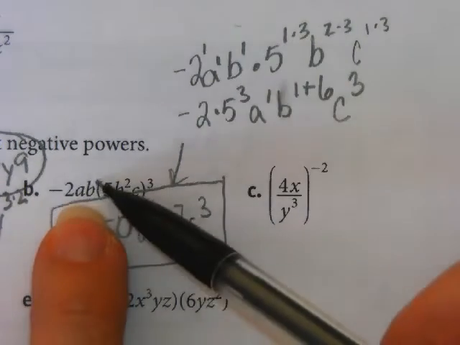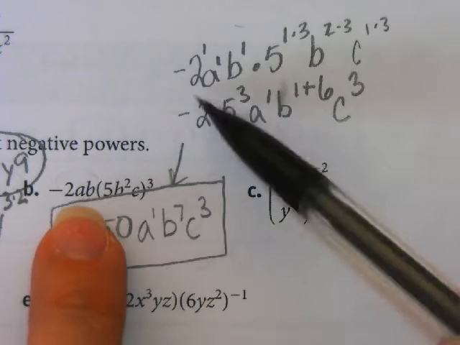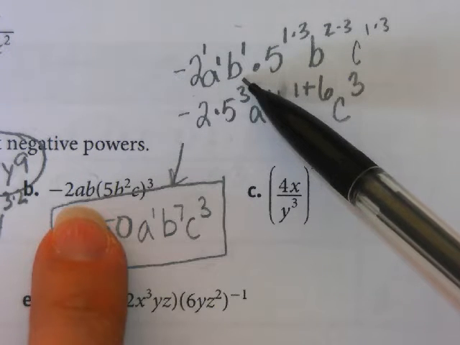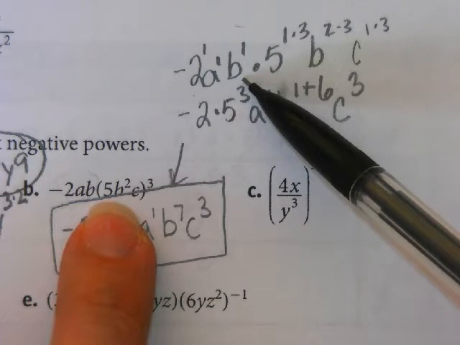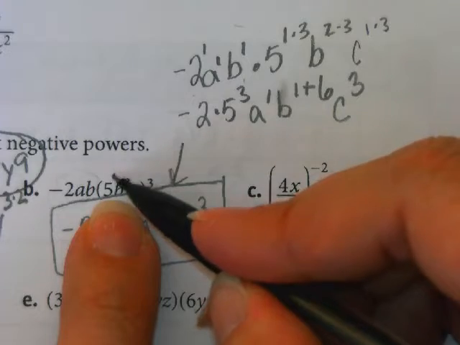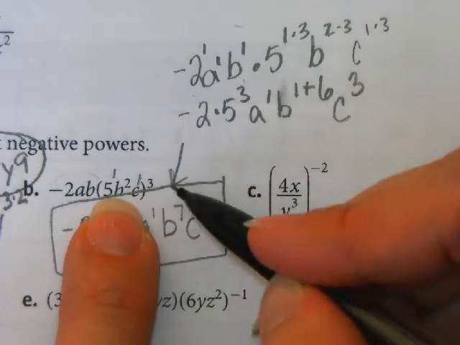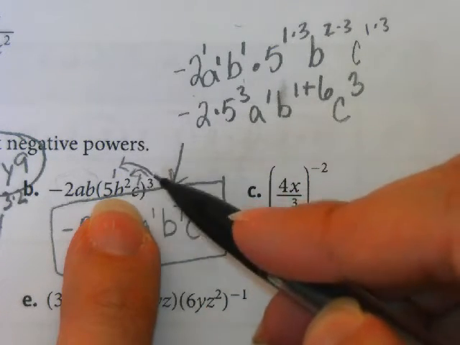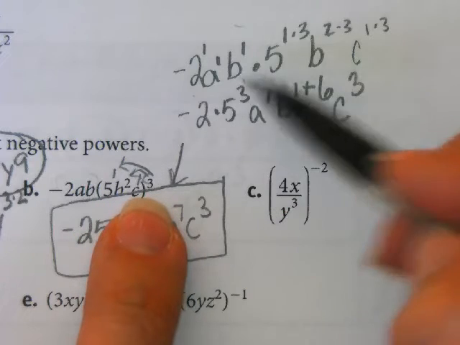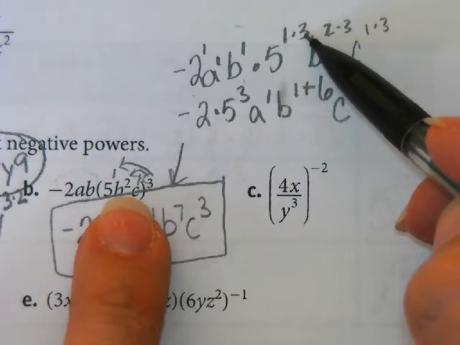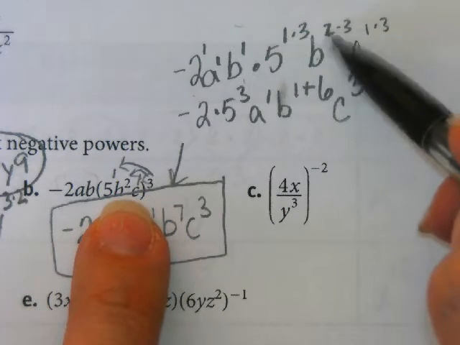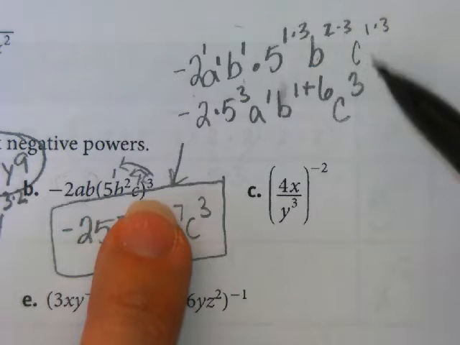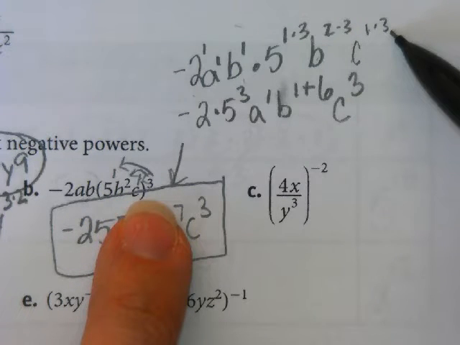This does not have an exponent, so I just rewrote it. I did put the ones. These, we have 5 to the first, b squared, c to the first. So we have to distribute the 3 on the 1 and the 2 and the 1. So 5 to the 1 times 3, b to the 2 times 3, c to the 1 times 3.